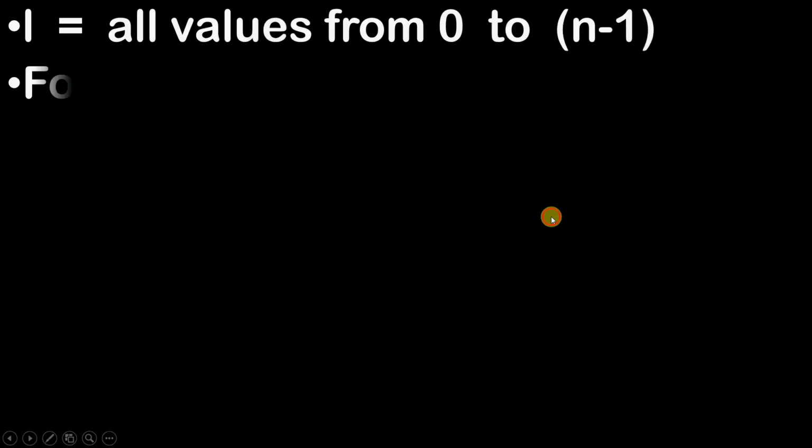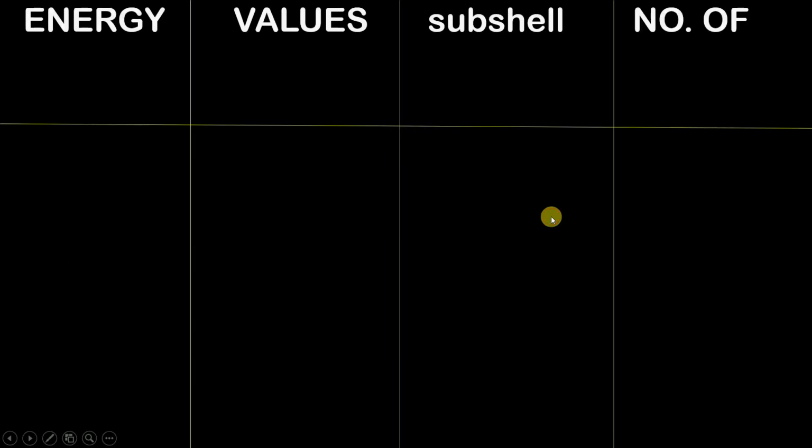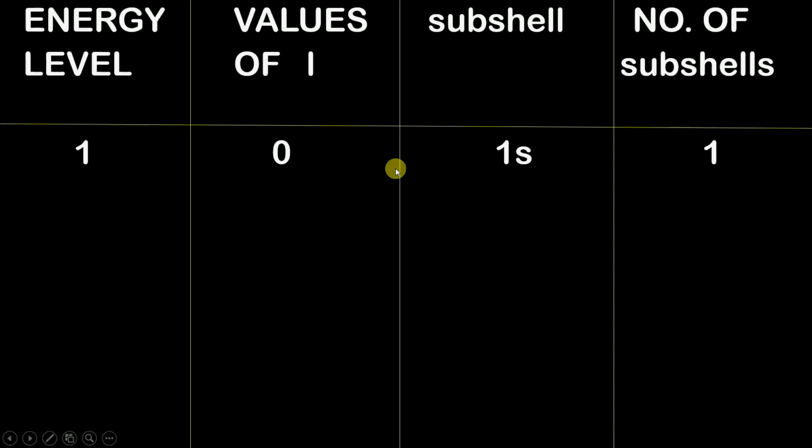So obviously, since the value of L is 0, therefore the subshell which is present is S subshell. So value of 0 tells us it is a S subshell. But since this S subshell is present in the first energy level, therefore I have written it as 1S.